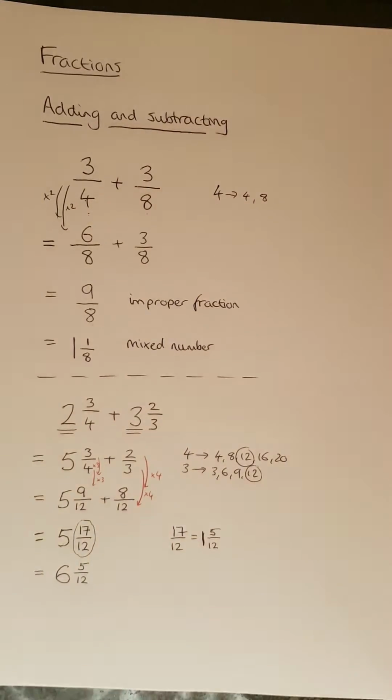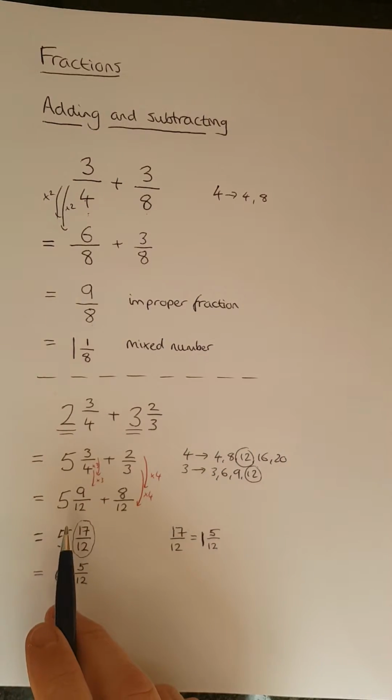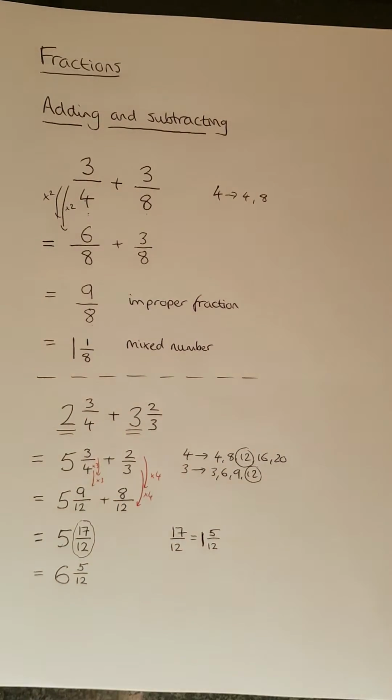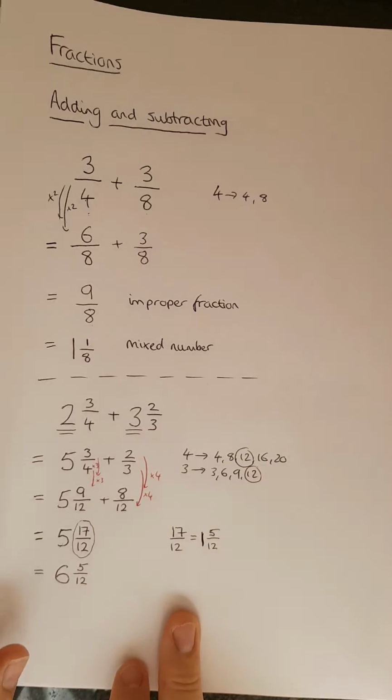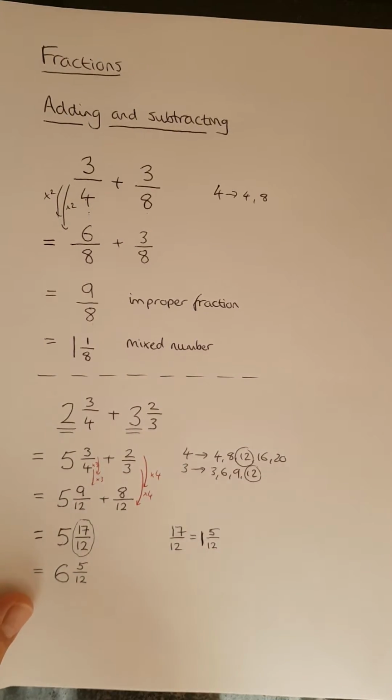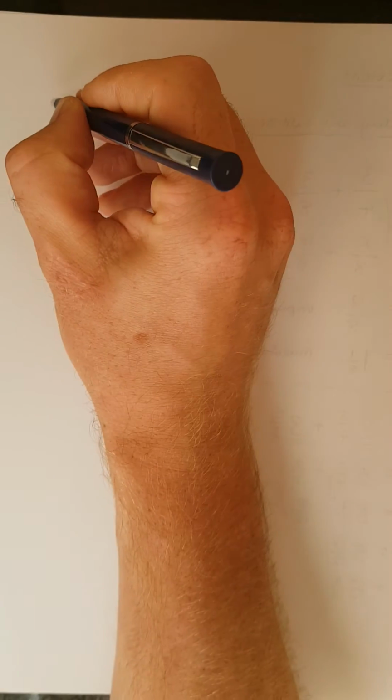And in fact, if you can handle this question here, you're doing very well. Now, some people will say there's another way of doing this, and I'll show that to you later on. But let's look at a difficult subtraction question now. And this is where most people will come unstuck.